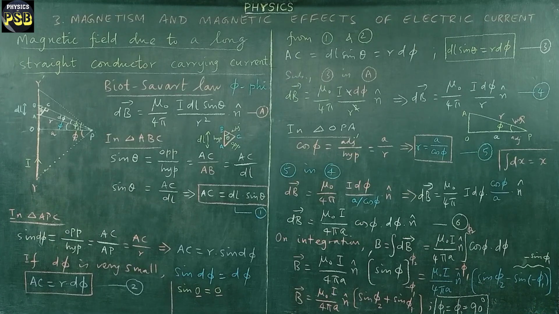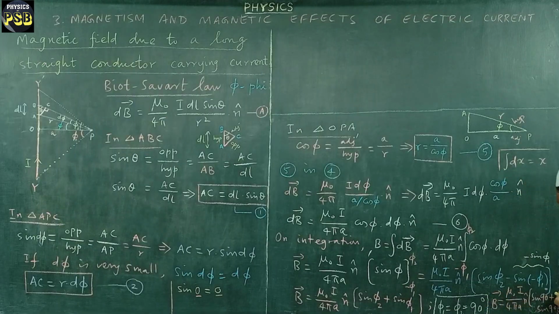Then here, B vector is going to be μ₀ I upon 4π a n cap, so here sine of 90 plus sine of 90. Sine of 90 is 1 and sine of 90 is again 1. So 1 plus 1 is 2.